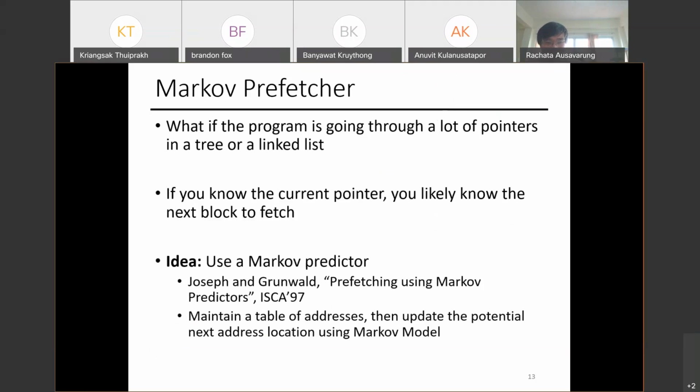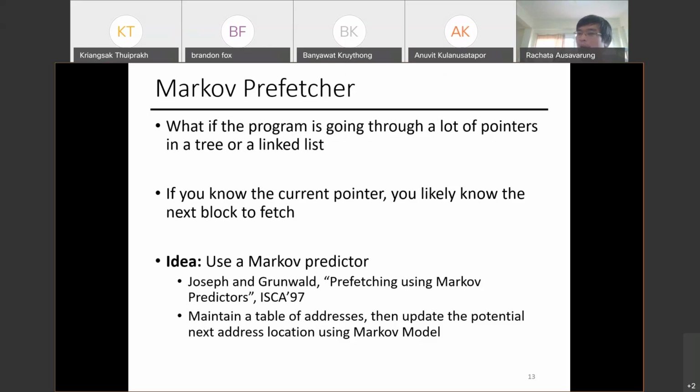So the idea from the paper in 1997 is basically you can prefetch using a Markov model. You can develop a Markov model to compute the probability, given the certain pointer that you are at right now, of what the next pointer is that I'm going to access next.